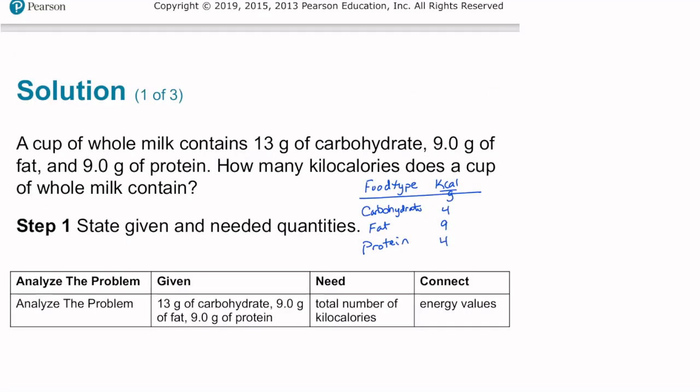Remember that carbohydrates contain 4 kcals per gram. Fat contains 9 kcals per gram, and protein contains 4 kcals per gram. Here we have 13 grams of carbohydrates, 9 grams of fat, and 9 grams of protein.